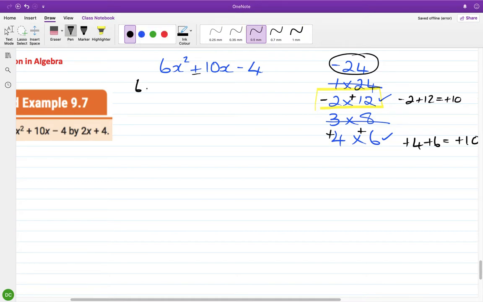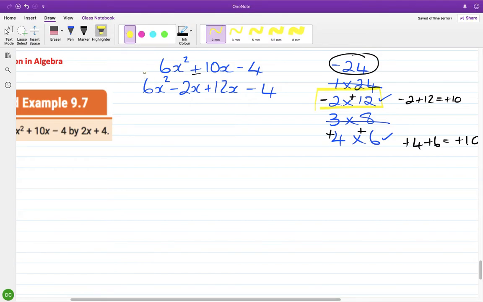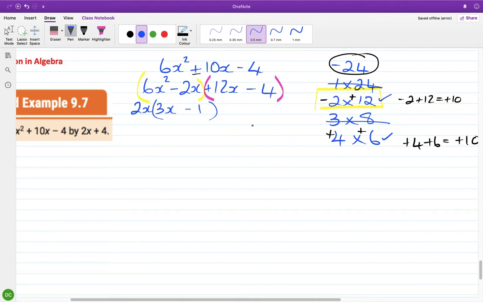Okay, so we go 6x squared minus 2x plus 12x minus 4, brackets to get my groups. So this is going to be 2x, and if I divide by 2x I get 3x minus 1.